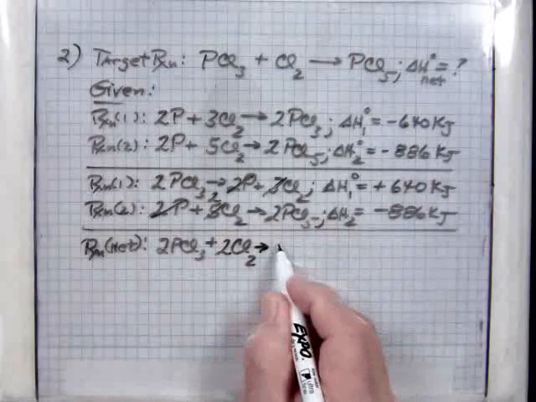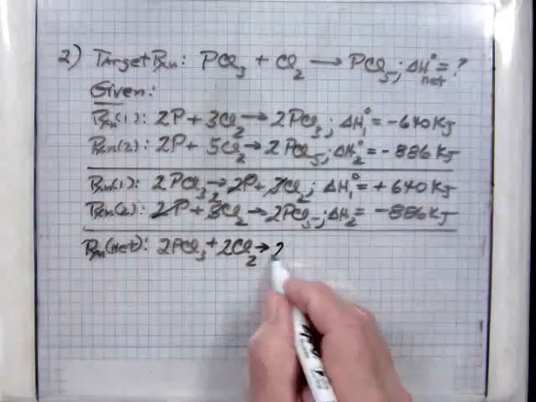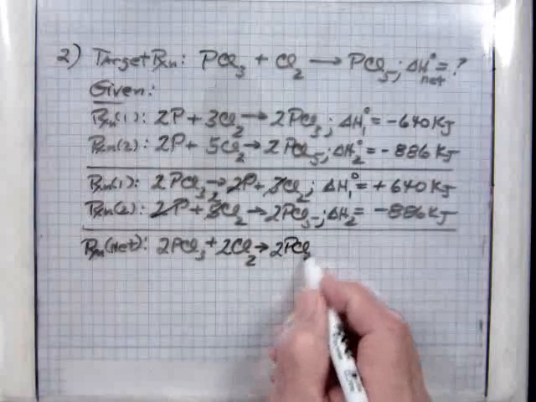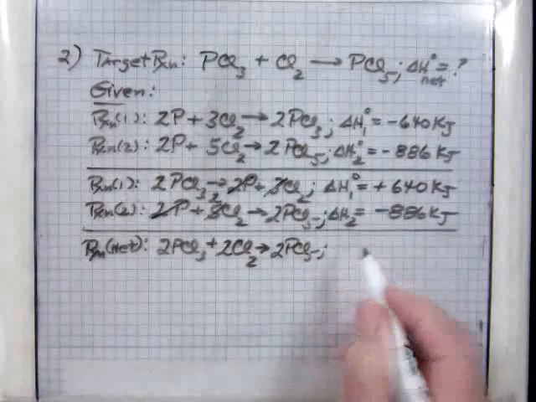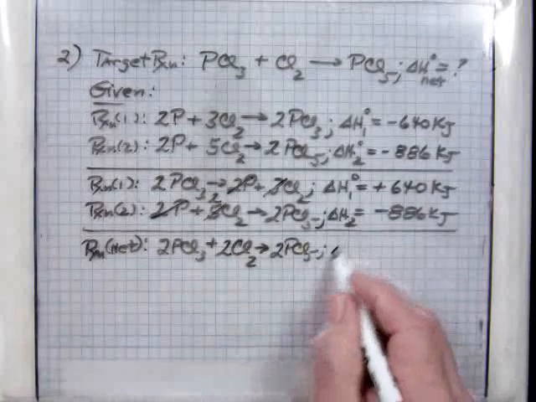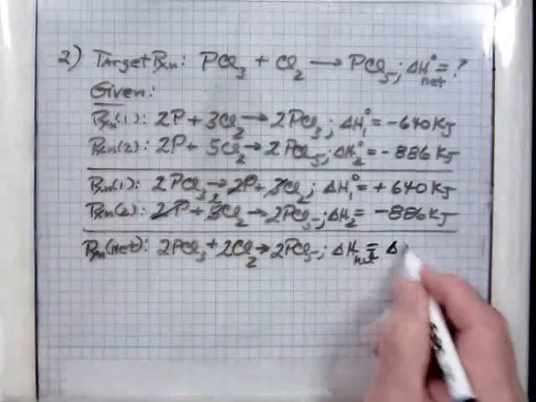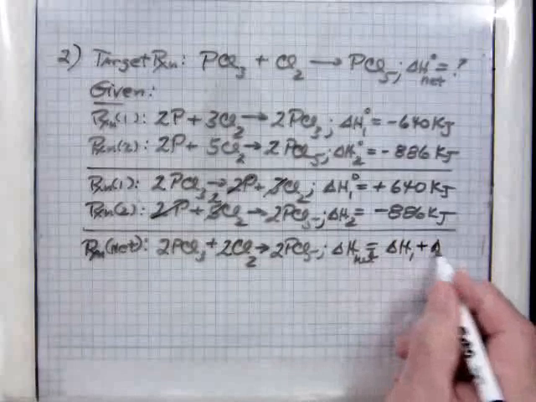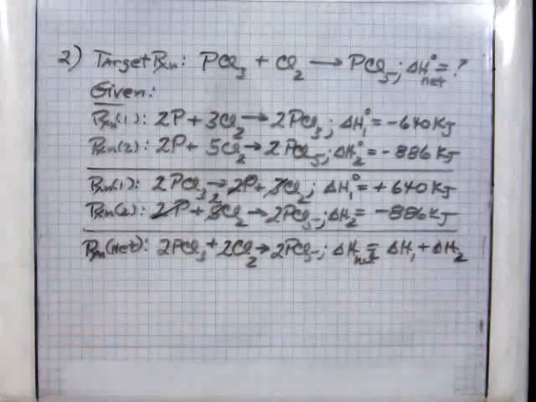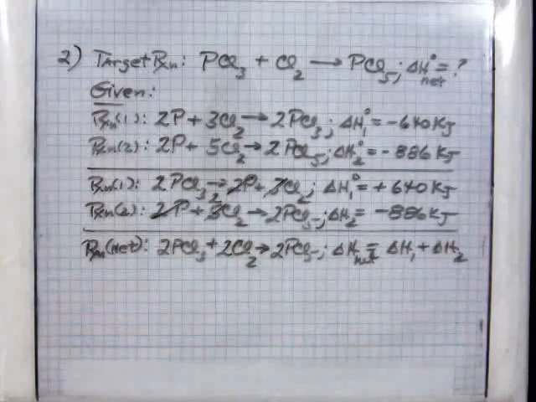And that goes to, well, no change on that one, PCl5, and what we have is the net reaction will be delta H1 plus delta H2, but I stop right there just for emphasis.